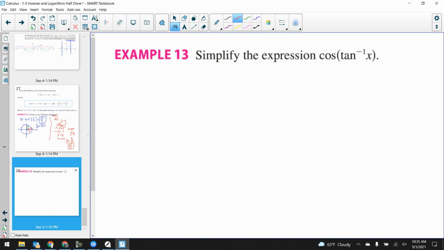But I know that inverse tangent of x is equal to some angle measure, to some theta, right? So I know that x is equal to tangent theta. I can create a triangle so that the tangent is x pretty easily.